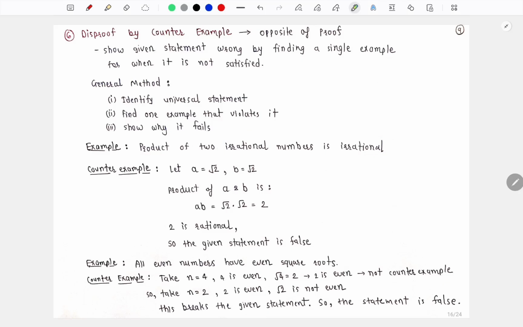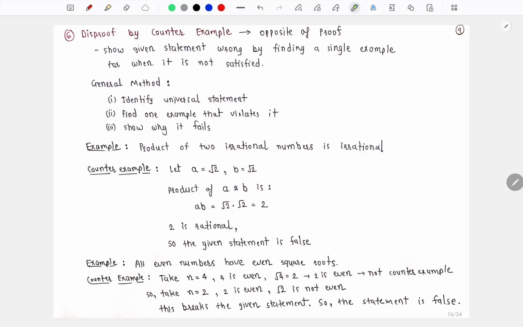That means irrational numbers are the numbers which we cannot write in the form of p by q. So we have taken an example, one is root 2 and another is also root 2. We need to take the product of these two and check whether the product of two irrational numbers is irrational.